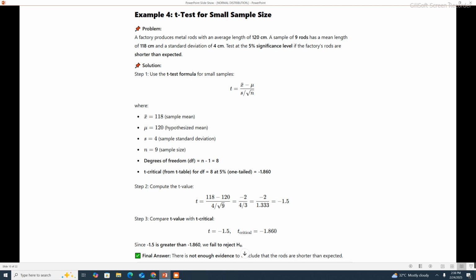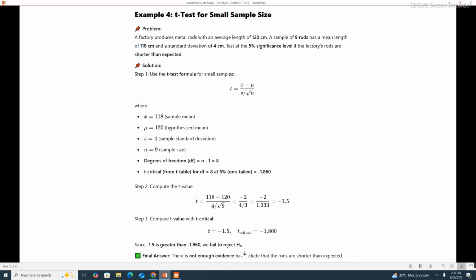You can decide and say, okay, I want to do this testing at 99% accuracy, or 95%. Since the significance level is 5%, the degree of confidence they want is 95%.